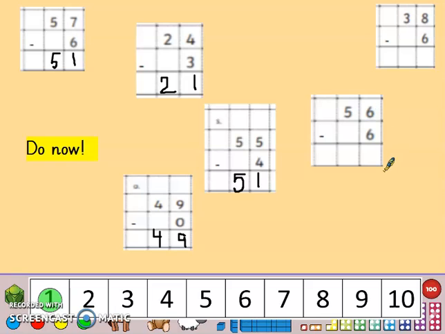Put up 6 fingers, take away another 6. 1, 2, 3, 4, 5, 6. That's them all. How many fingers do you have? None left up. And 5 again is take away nothing, so it's just remembering to put it there.